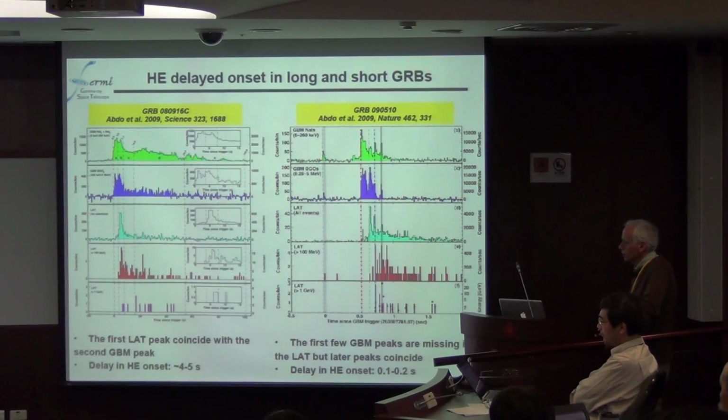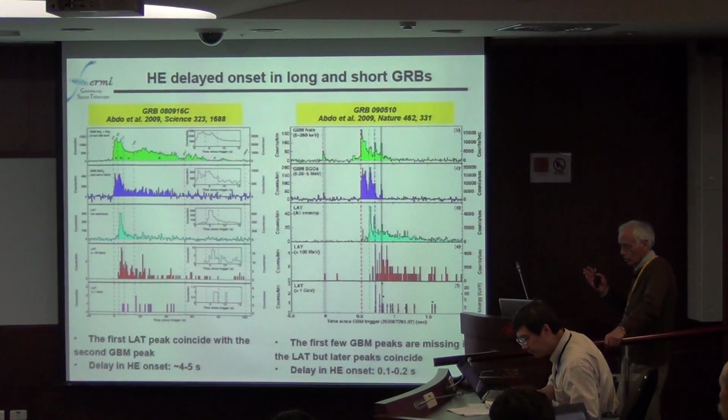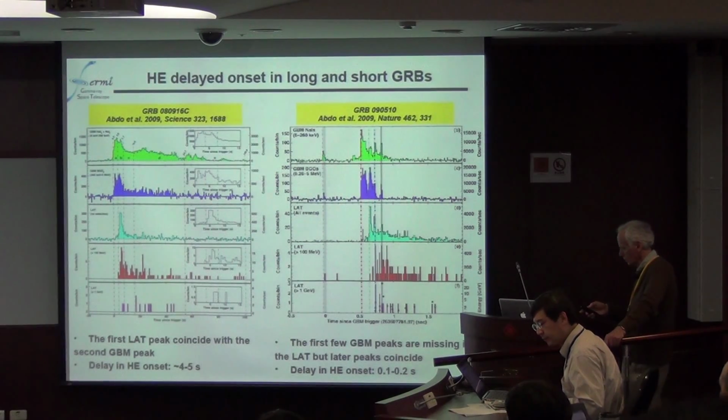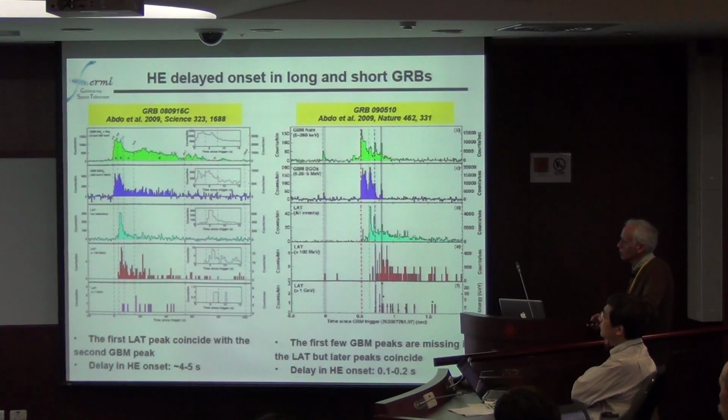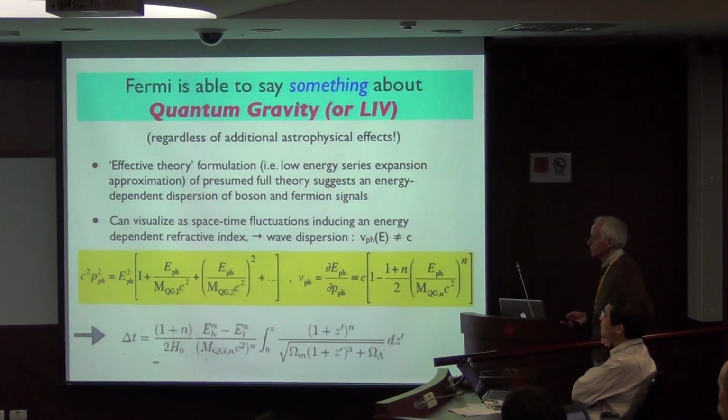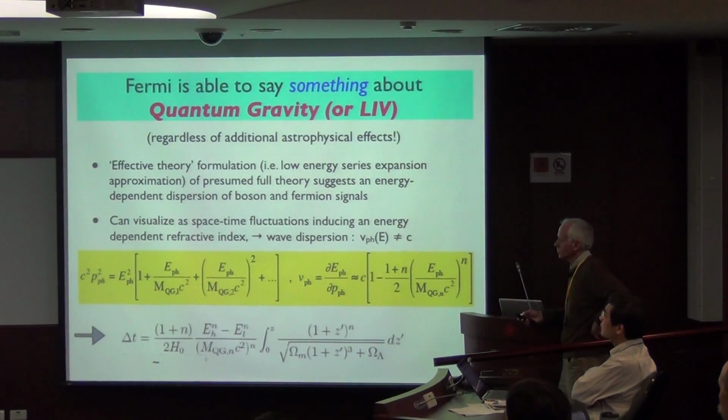This has largely an astrophysical origin that you can explain with the geometry of where the GeV radiation is produced and where the low energy photons are produced. But it also has an application towards putting some limits on quantum gravity. An interesting type of result.